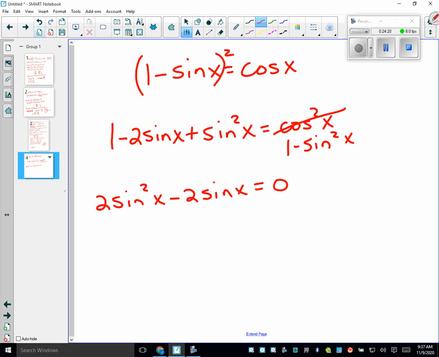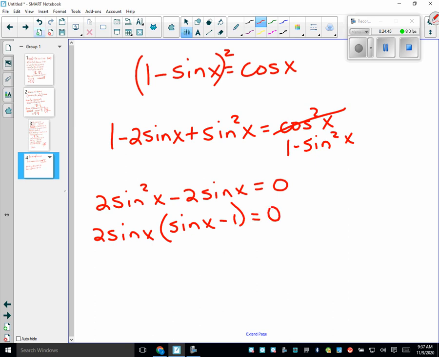What am I going to do with this? I can't factor it into 2 sets of parentheses. Oh, you can pull out 2 sine x. When I pull out 2 sine of x, I am left with sine of x minus 1.